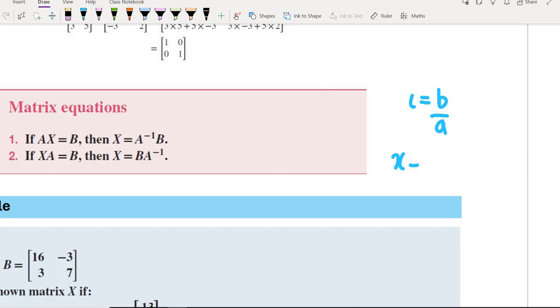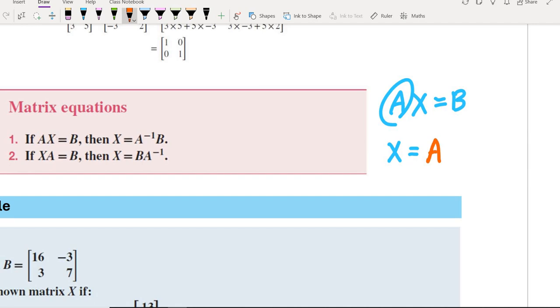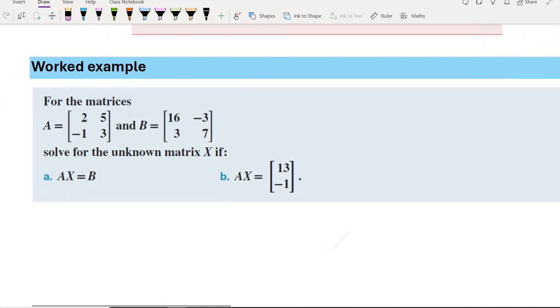It's like that, but a little bit different with matrices. You're not really dividing, but you are getting rid of this A so that you can have x on its own. You're solving for x. Once you get rid of it, the inverse of A appears on the other side. So we can use the inverse in that sense as well.